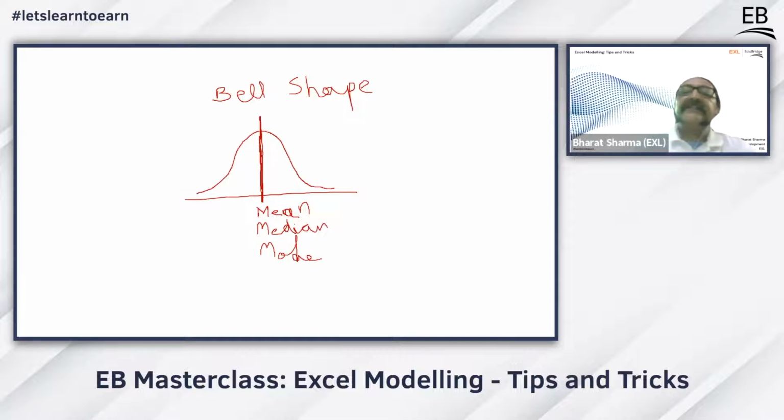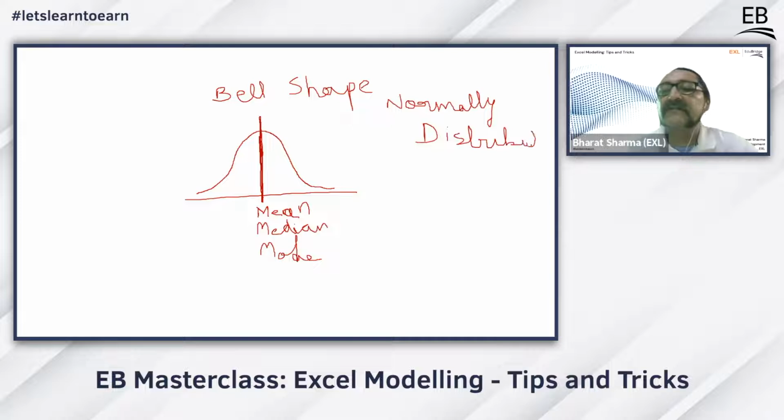And it says all these 3 central tendency points will coincide here for data which is normally distributed. Now that's the first point it says.